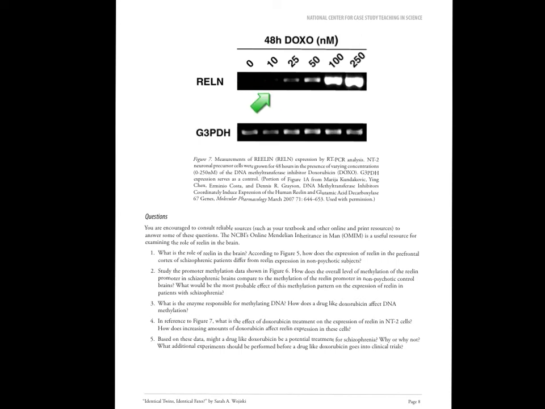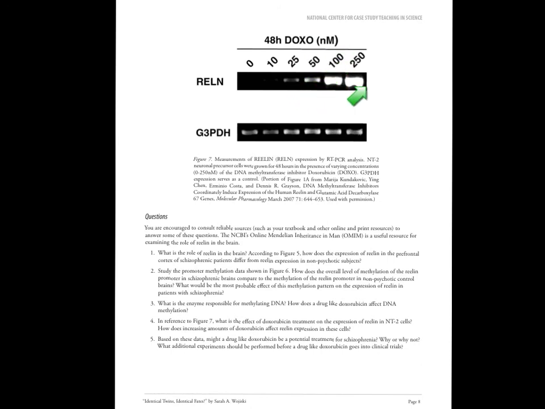At 10, it still looks like methylation. The methylation is inhibiting the production of the protein. At 25 nanomolar, you have some gene product being made, so the methylation is decreased enough that you're able to produce reelin. At a 50 nanomolar concentration, you have even more of that production.